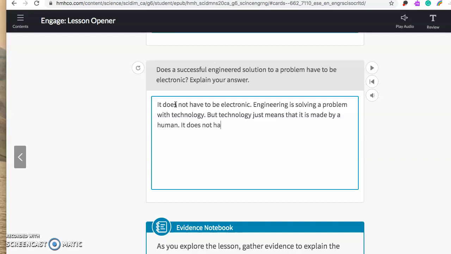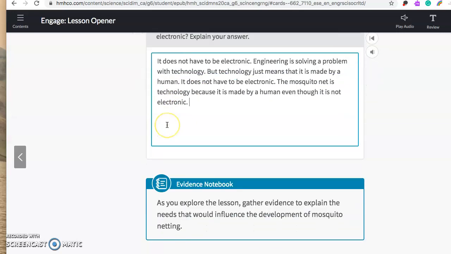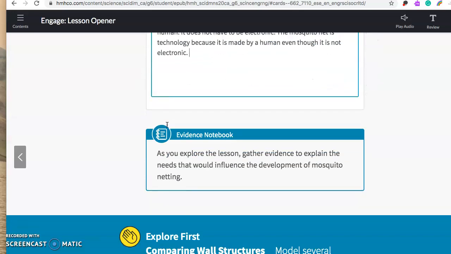It does not have to be electronic. The mosquito net is technology because it is made by a human, even though it is not electronic. All right, you can pause if you need to and move to the next question.